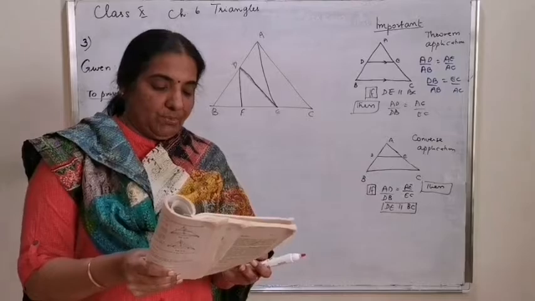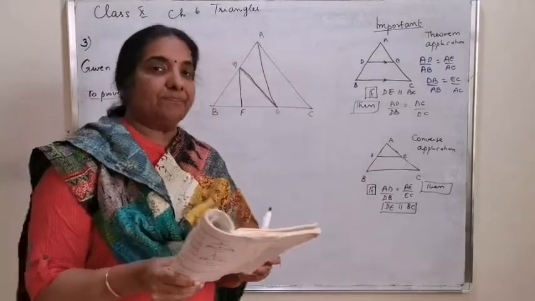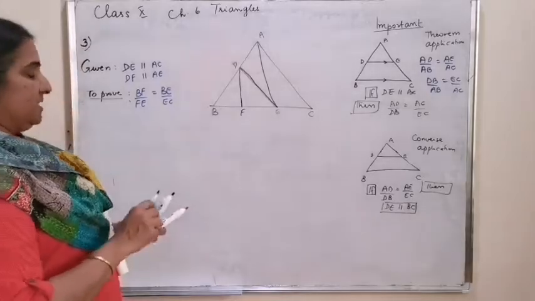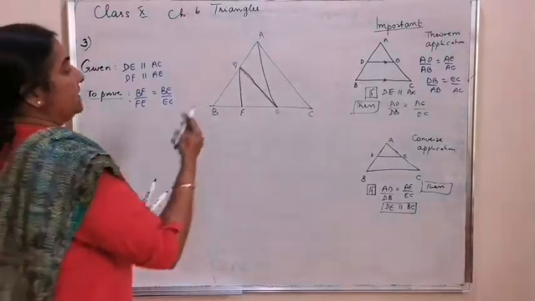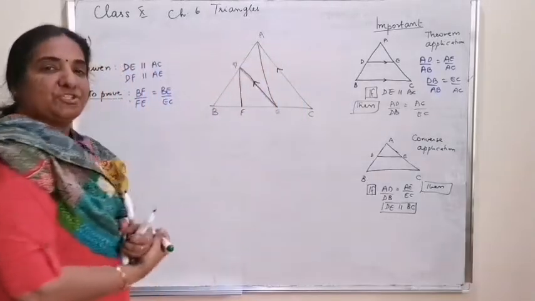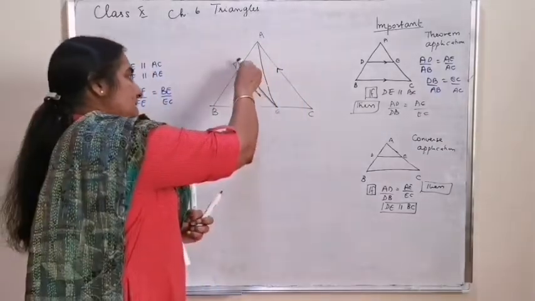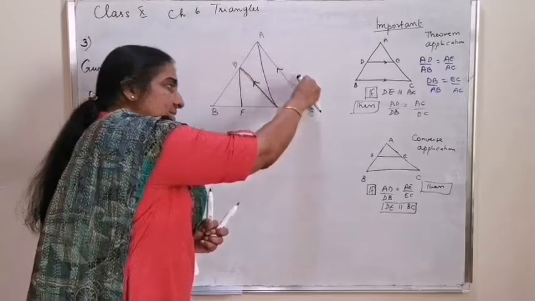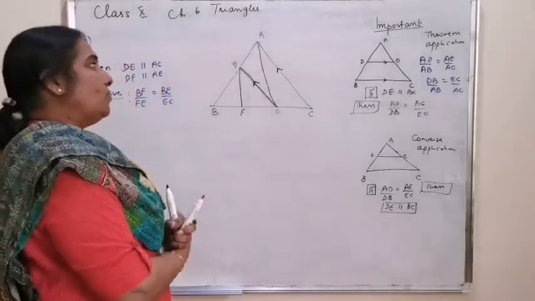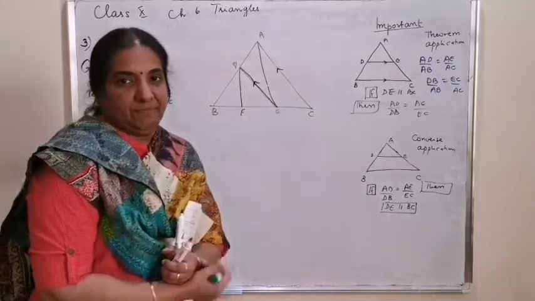Question number 4. In the figure, DE is parallel to AC, which shows that DE is the line and AC is the base. The triangle with AC as base is only ABC.